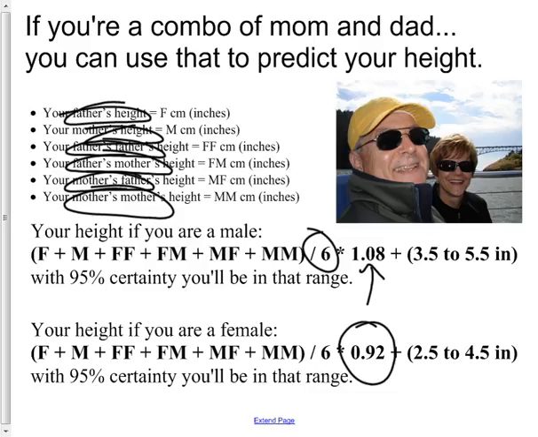There's a 95% chance that you'll be that. Isn't that cool? So if you really want to know how tall will I get, ask your parents how tall your grandparents were, and get the grandparents' heights, and your parents' heights, add them all up, divide by 6, and again you times by 1.08 or 0.92.